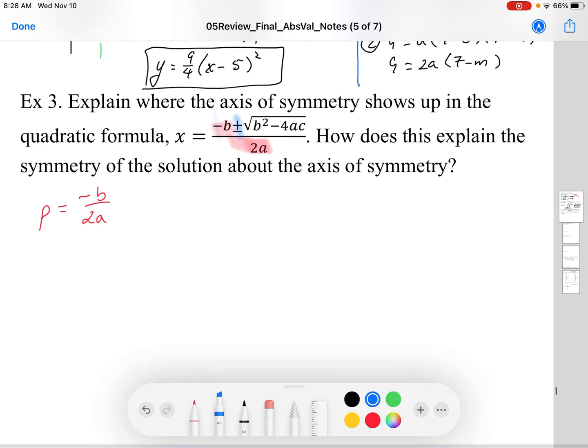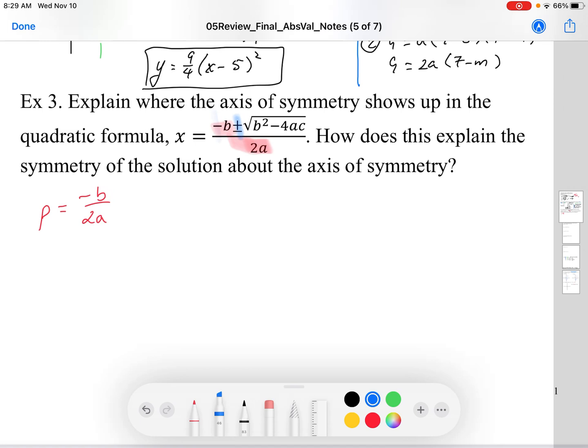That means that negative b over 2a must be the middle because we get the roots by going plus the discriminant, the square root of b squared minus 4ac, and we also go minus the square root of b squared minus 4ac. That gives us plus minus from the middle, which is negative b over 2a. And that justifies our axis of symmetry.